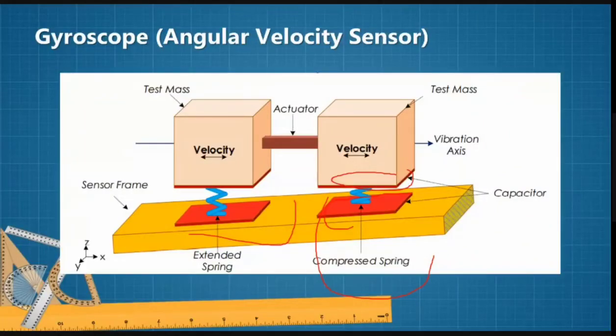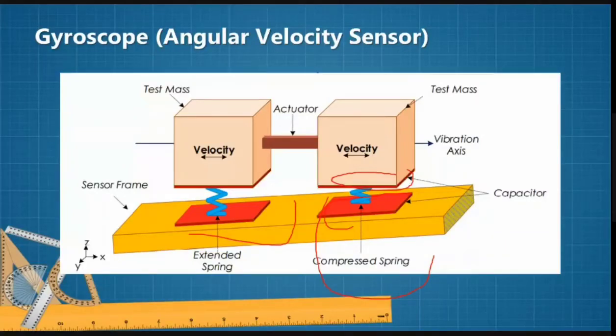So, in the previous slide, a rotation of the sensor around the yaw axis has been illustrated. The measurement of the capacitance of the represented capacitor makes it possible to determine the yaw component of the angular velocity.